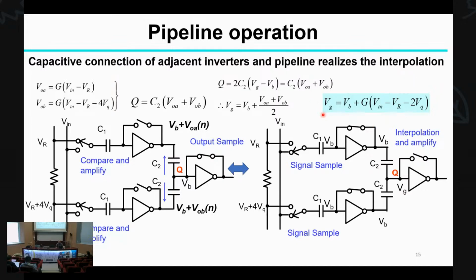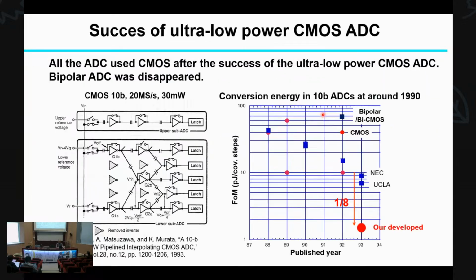This means interpolation can be realized. So by using techniques such as the use of a chopper CMOS comparator and using capacitive interpolation, we can realize a video rate CMOS ADC. This is our development ADC, and this is the area. Converted energy is published here.